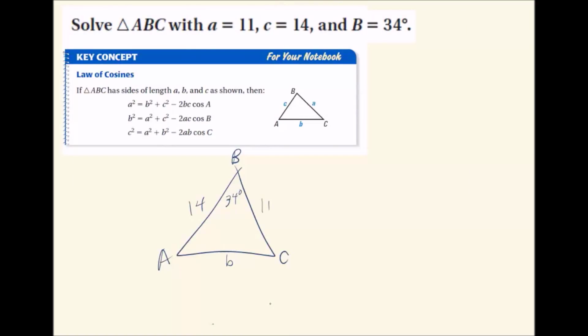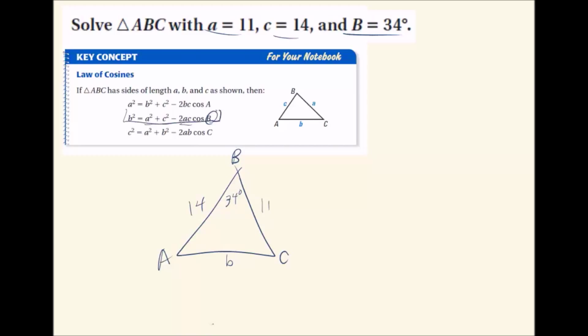Let's take a look at this first example. It says solve ABC. That means solve for all the angles and all the sides with A equals 11 and these characteristics. I just drew a quick picture, plugged everything in, and now I need to choose which of these three equations to use. I know what the angle B is, so I'm going to choose that. I know what A and C are, so I know that, that, and that.